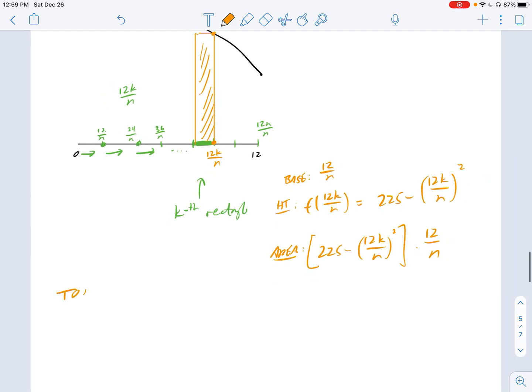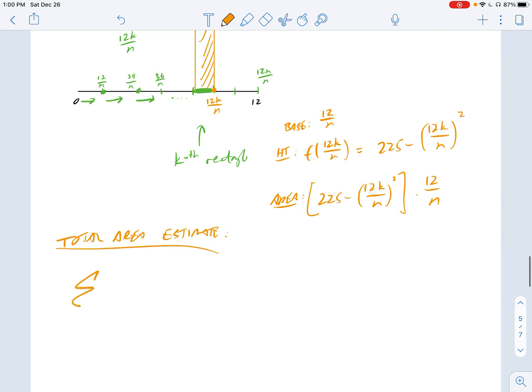So my total area estimate would be the sum as k goes from 1 to n. I'm now adding up all of those rectangles of each individual area computation.